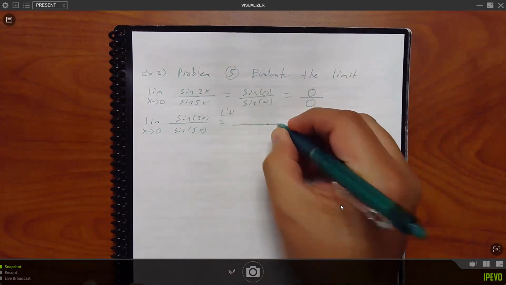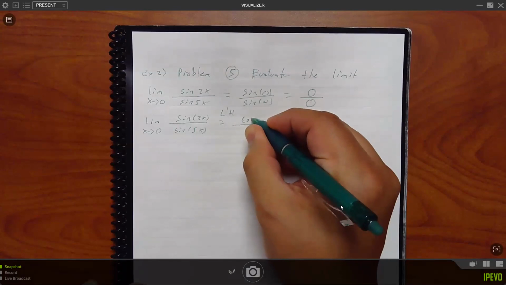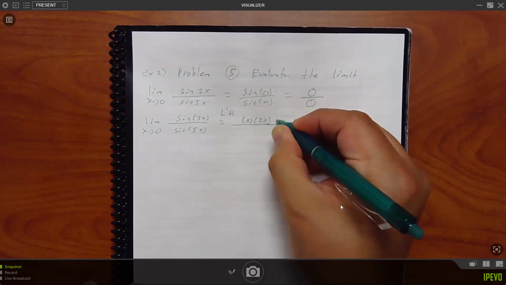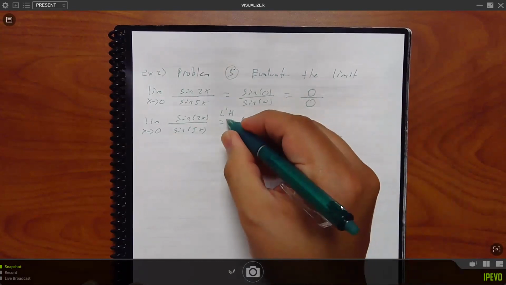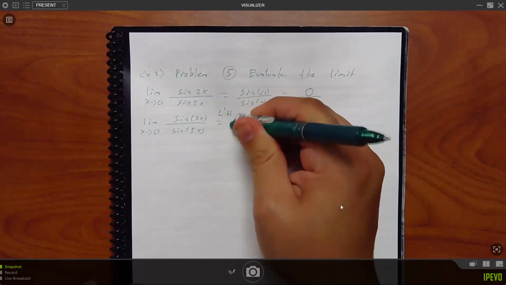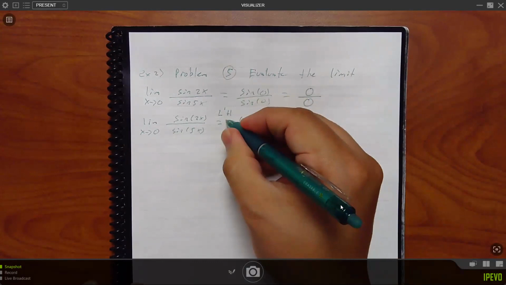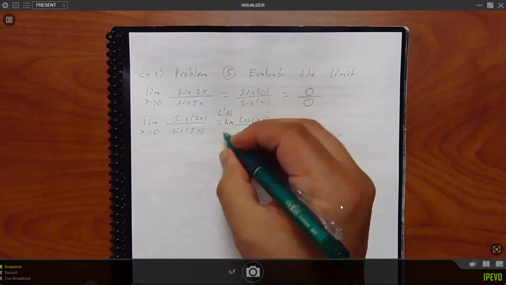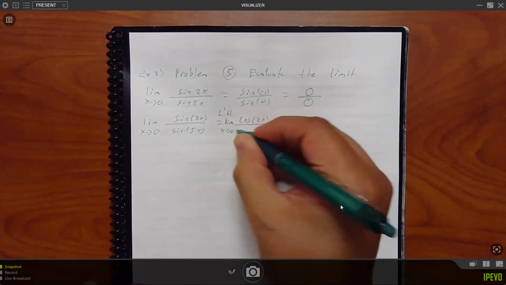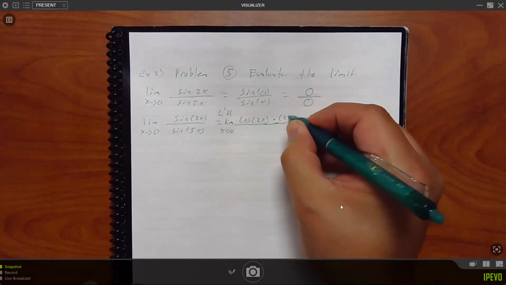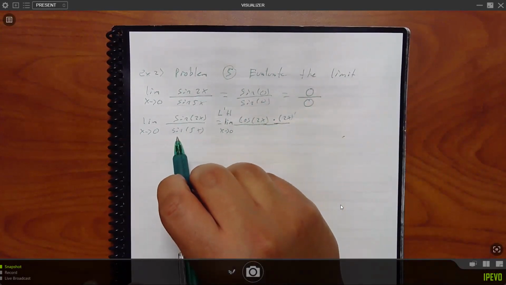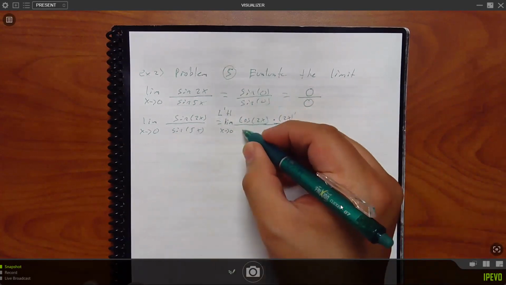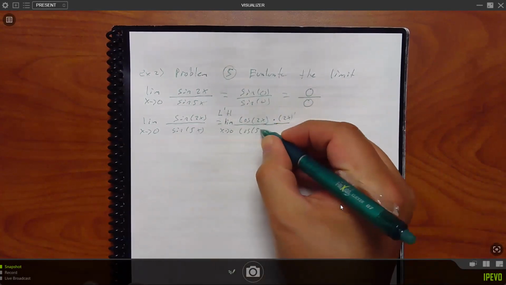Cosine. So it's going to be cosine of the inside, times the derivative of the 2x. I'll do that in a later step. The derivative of sine 5x will be the same, just for the 5x.